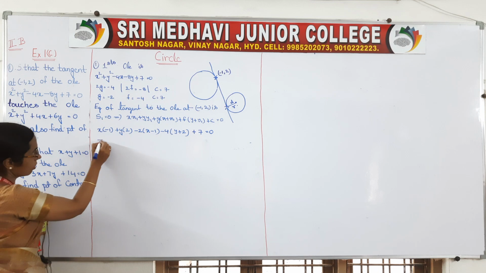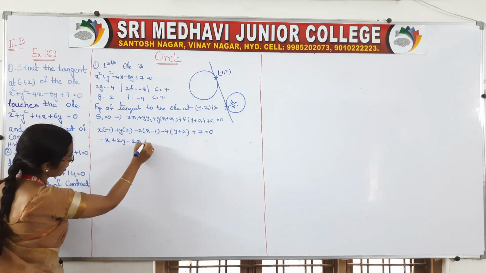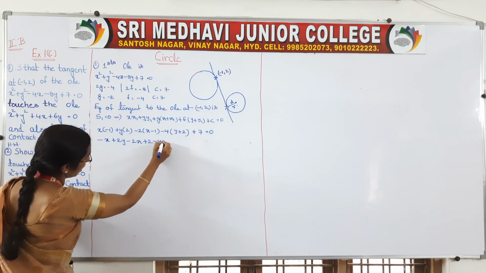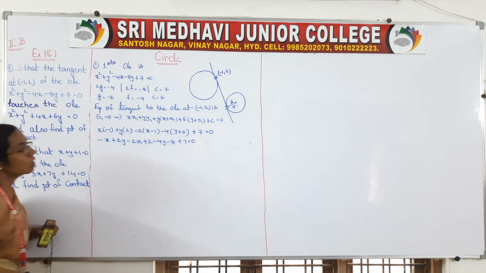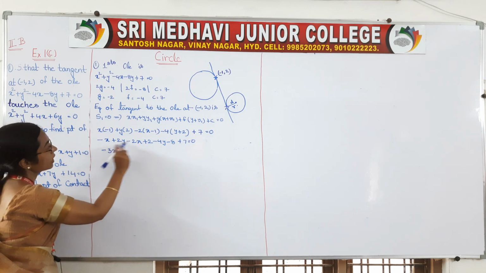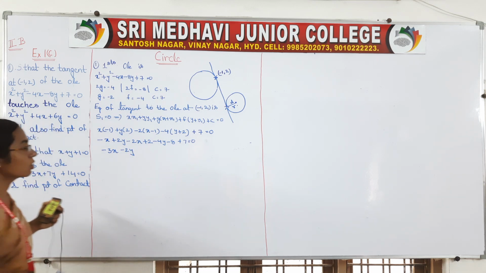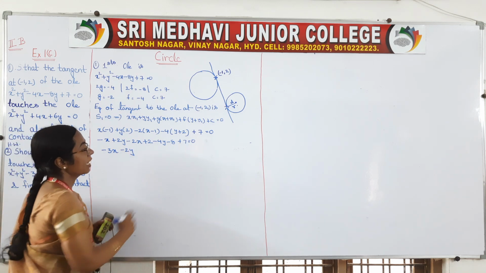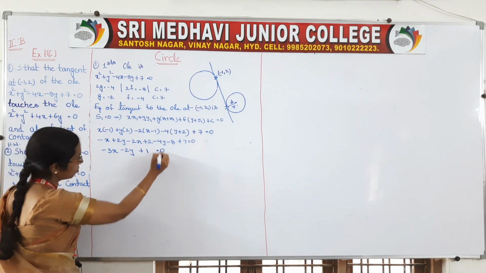So it is minus x plus 2y minus 2x plus 2 minus 4y minus 8 plus 7 is equal to 0. Write x terms together: minus 3x. y terms together: minus 2y. And constants together: 2 plus 7 is 9, minus 8, that is 1, is equal to 0.